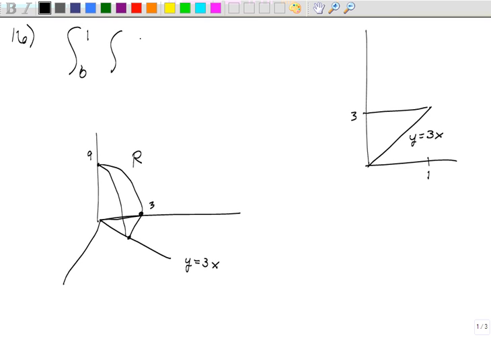So I'm going to integrate z dz, where z goes from 0 to the square root of 9 minus y squared. Y goes from, let's see, right here, 3 to 3x.